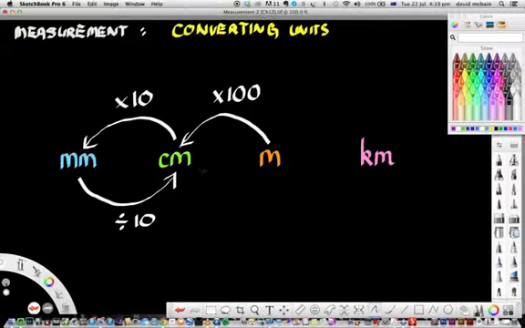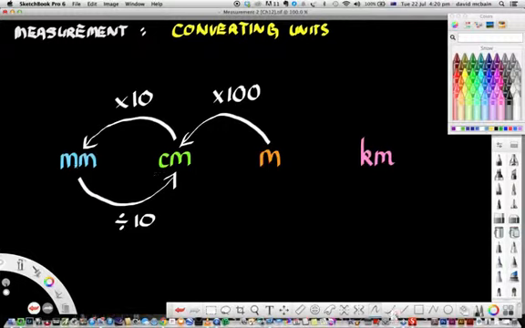If I wanted to change centimeters into millimeters, say I had 5 centimeters, I'd go 5 times 10 is 50. So 5 centimeters is the same distance as 50 millimeters. If I had 200 millimeters and wanted to convert it to centimeters, I would divide by 10.